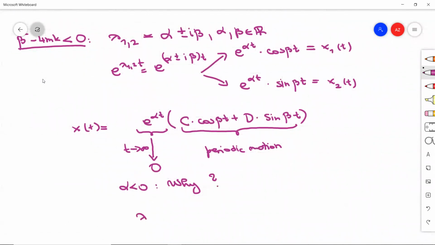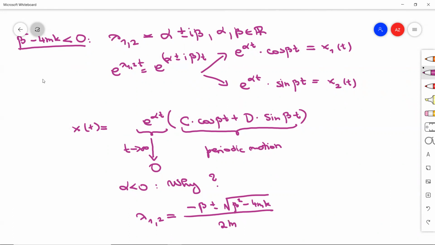Still, lambda 1, 2 is minus beta plus minus the square root of beta squared minus 4mk over 2m. Thank you, 2m.